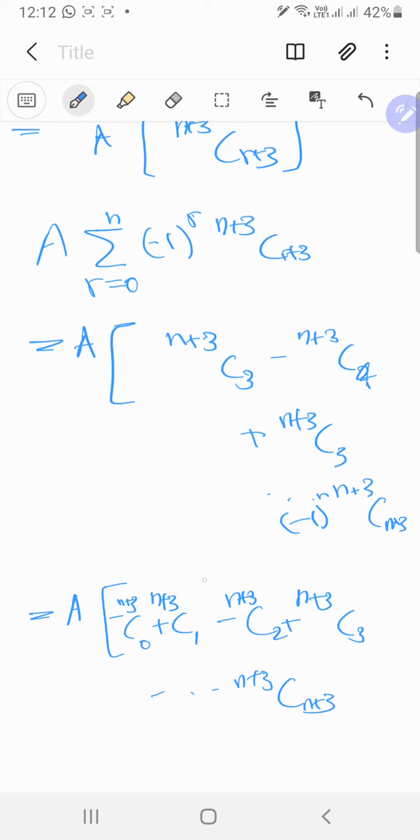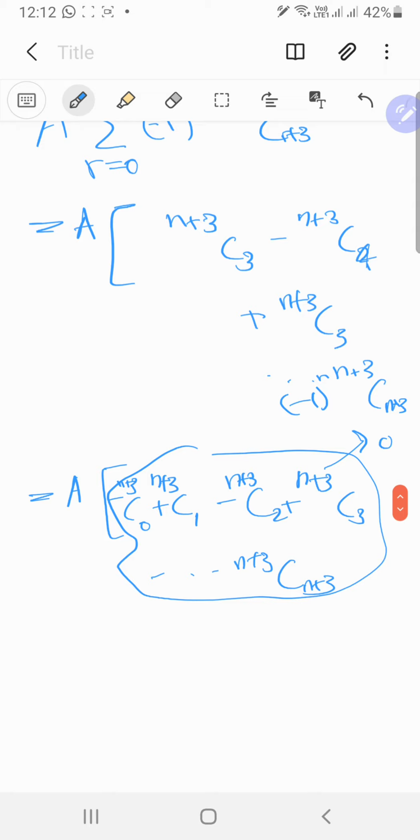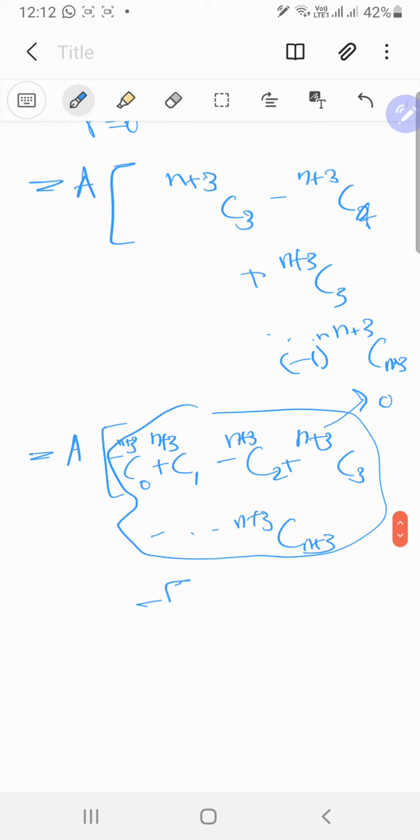So this complete thing would turn out to be 0, right? But these terms are missing, and we cannot just add them, so we have to subtract those terms at the same time. So we have to subtract these things: negative n+3C0, positive n+3C1, and negative n+3C2.